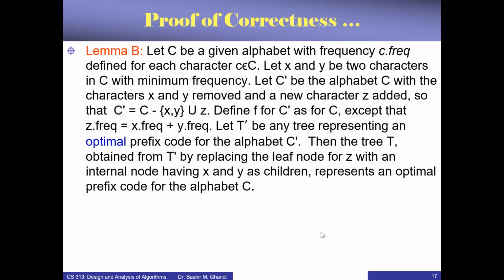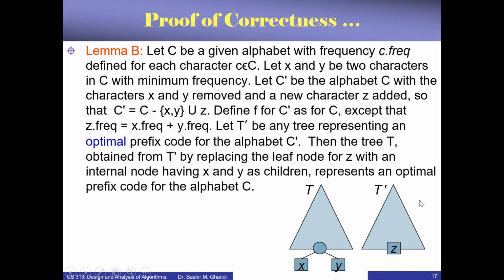The second lemma is about proving the optimal substructure. It's a little long, the statement of the lemma, but I will show you a diagram that simplifies what it actually means. Let's go through the statement of the lemma.